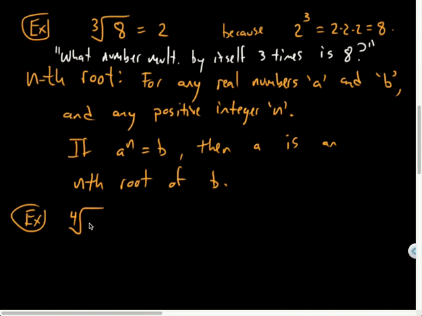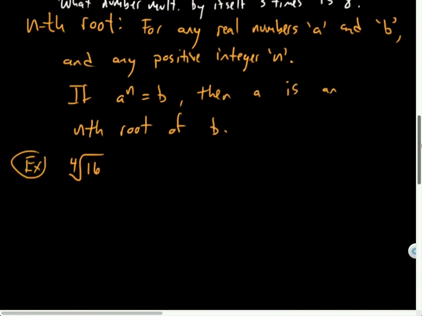What do you think this means? How do you think you'd even read that? 4 roots of 16 would technically be 4 times the square root of 16. 4 square roots of 16 is technically still that. The 4th power root of 16. Close. This is read as the 4th root of 16.